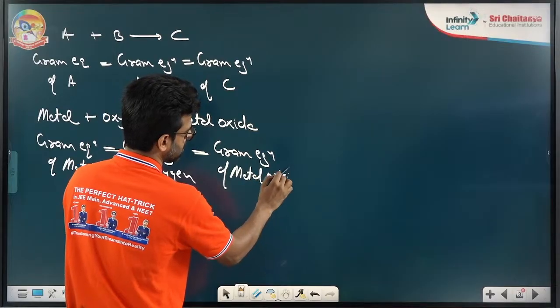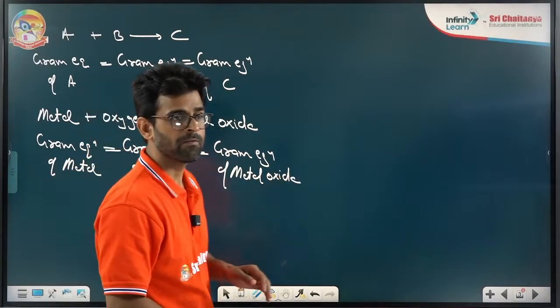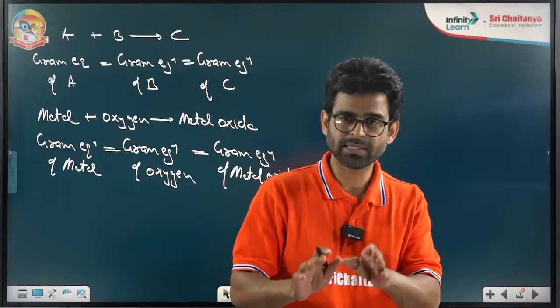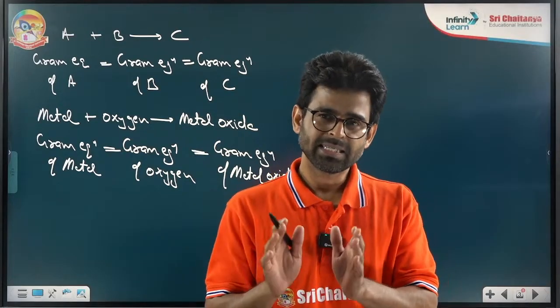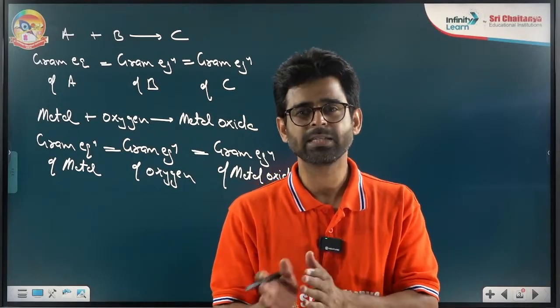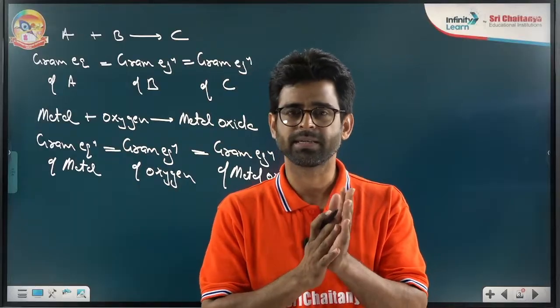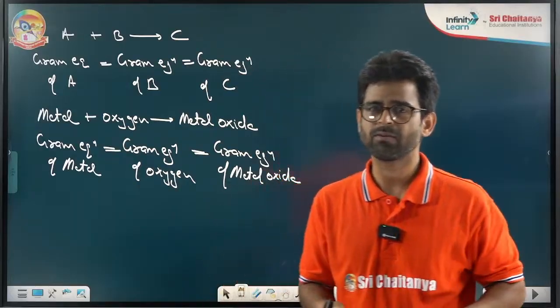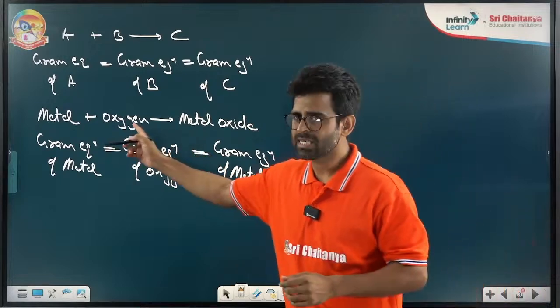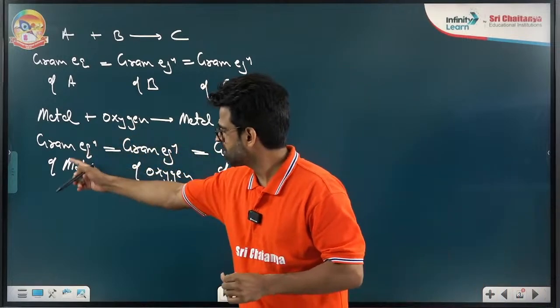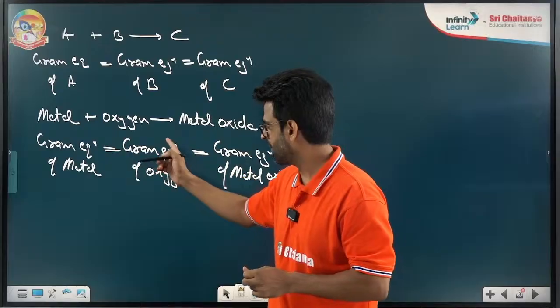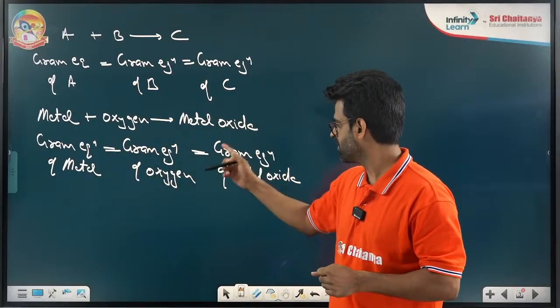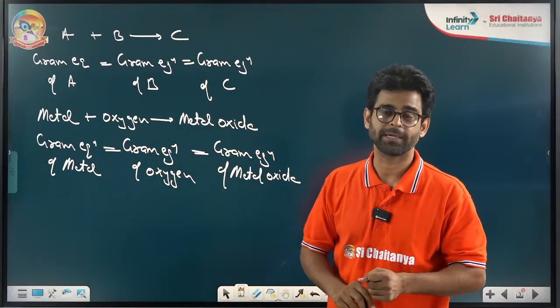We call this the law of gram equivalence. Try to understand. As I said, it's a good topic, but it's not an easy topic, so you have to be concentrated. If any issue comes, we'll discuss it. So the gram equivalents of metal will be equal to the gram equivalents of oxygen, and equal to the gram equivalents of metal oxide.